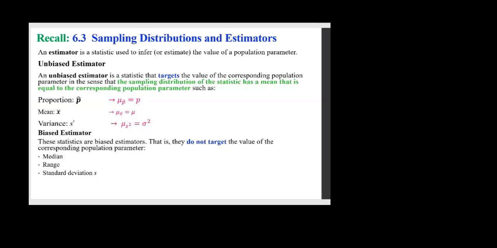If you take a sample, calculate the median, the range, or the standard deviation, and then repeat this for the same sample size enough times, for example 10,000 times, and take the average, the average is not equal to the median, the range, or the standard deviation for the population. That is the meaning of it.